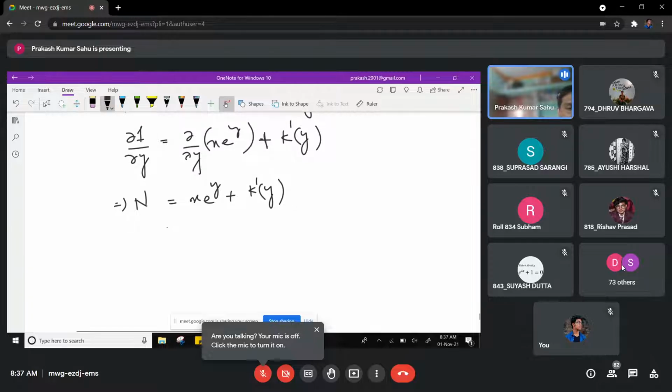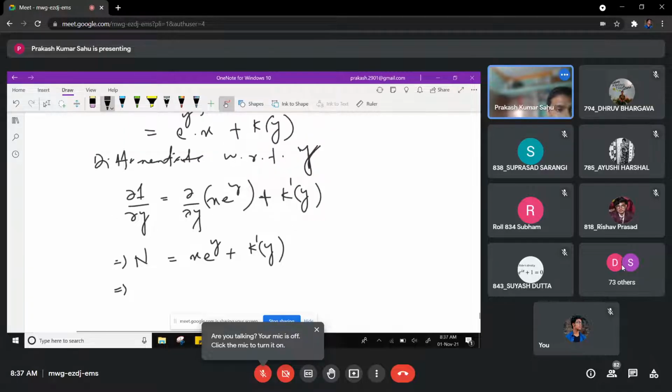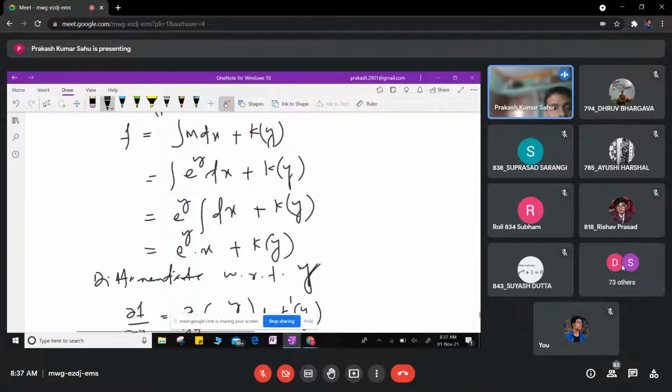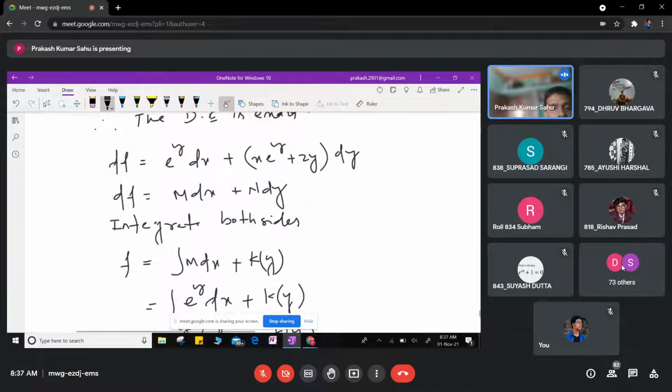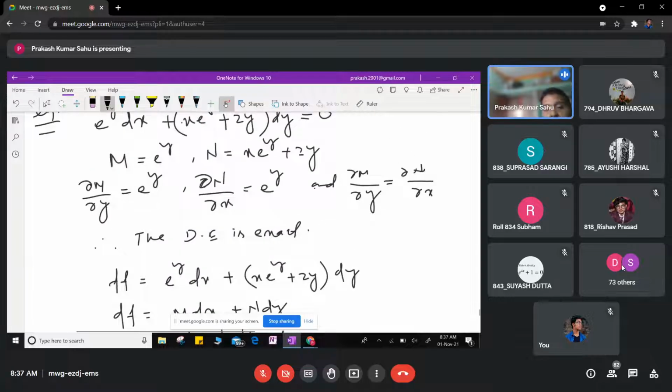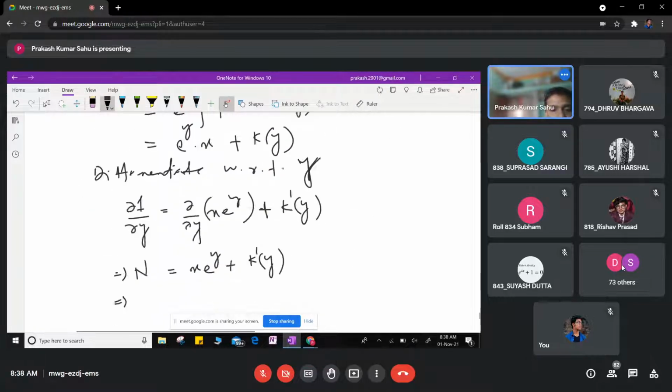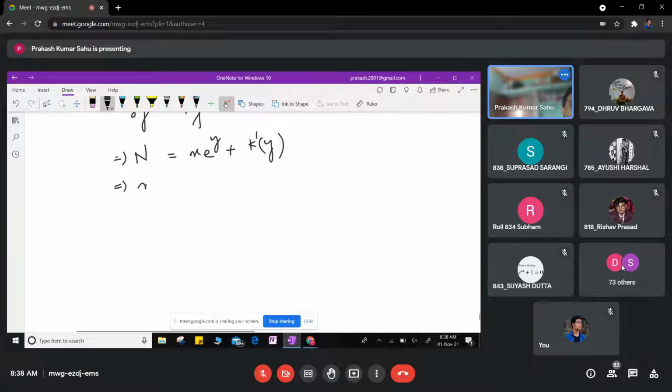Got it? So now let us see, what is the value of N? N is x e to the power y plus 2y. So x e to the power y plus 2y is equal to x e to the power y plus k dash y.